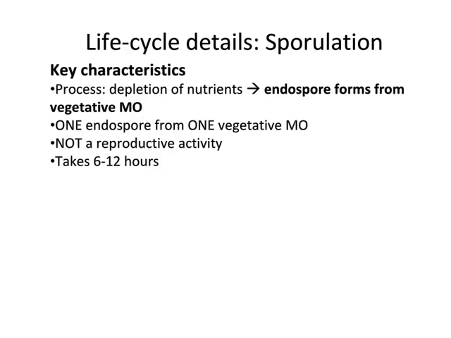So the sporulation event is not a reproductive activity. One endospore from one vegetative cell. That sporulation process takes approximately 6 to 12 hours, depending on the organism and the kind of conditions that it's existing under.